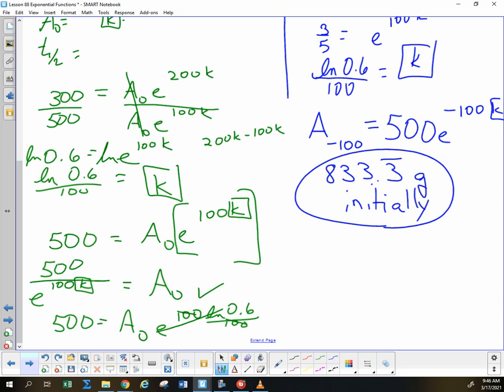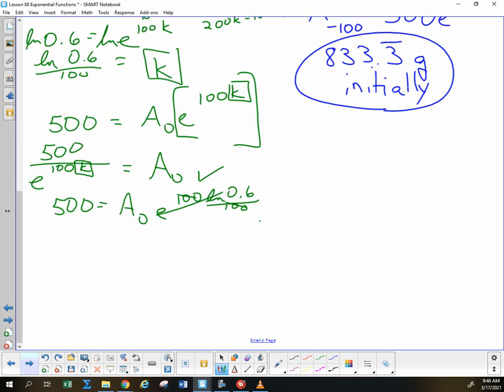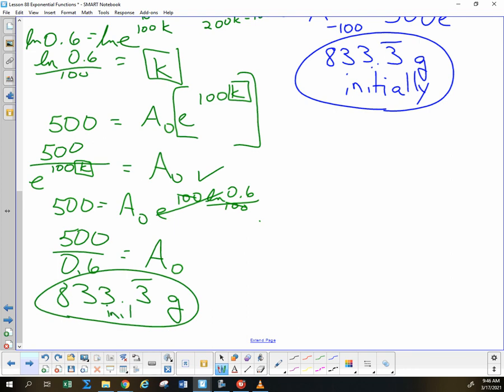So all I really need to do is to divide the 500 by the 0.6, and I will have my initial amount. So a bunch of different ways we could get there, but we'd get 833.3333 grams either way. Make sense to everybody?